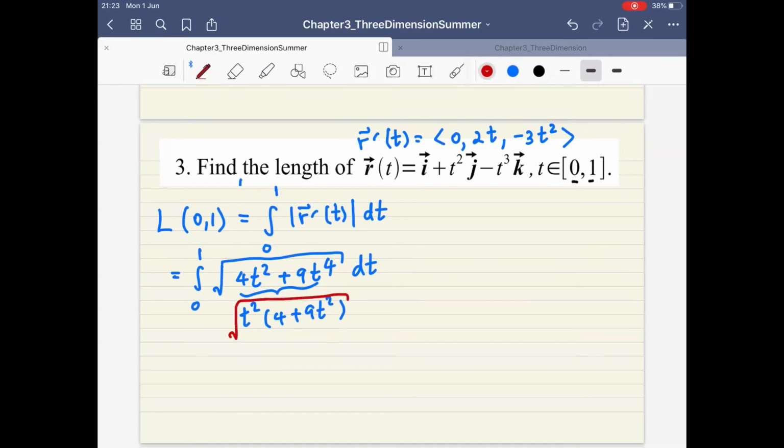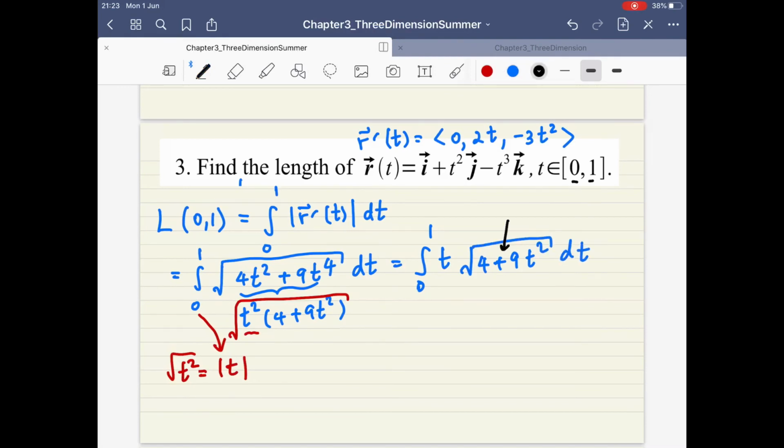A square root of t squared is actually the absolute value of t. However, under consideration, we use the positive t. So what we can pull out is simply the t itself, and square root of 4 plus 9t squared dt.